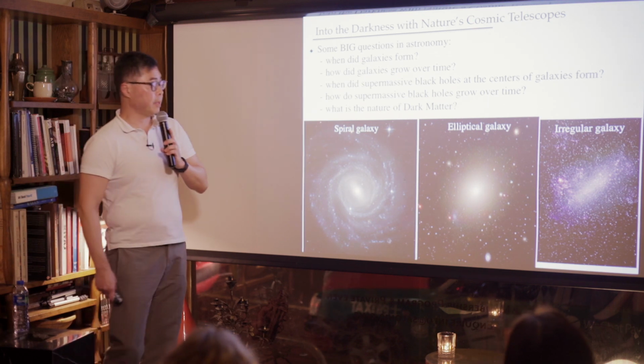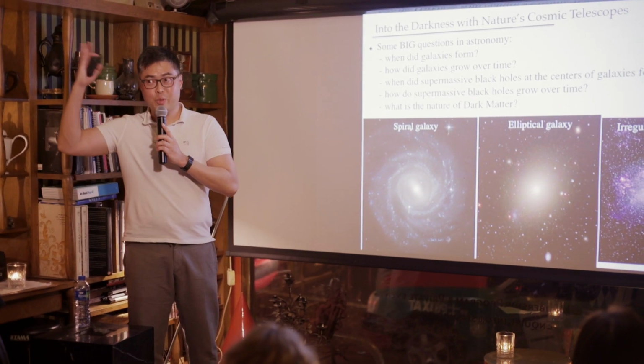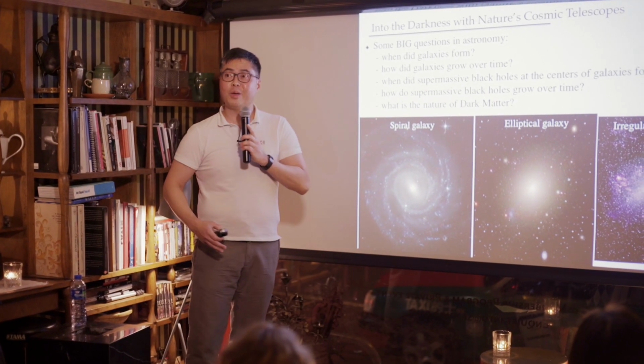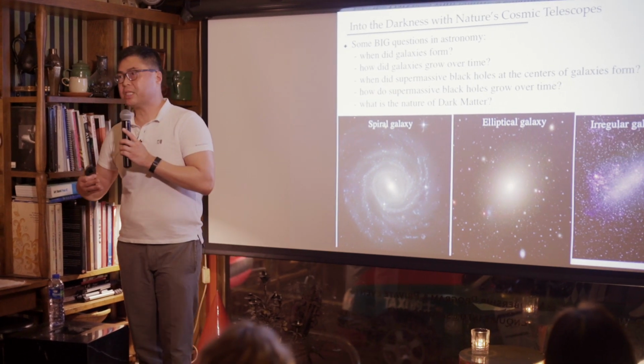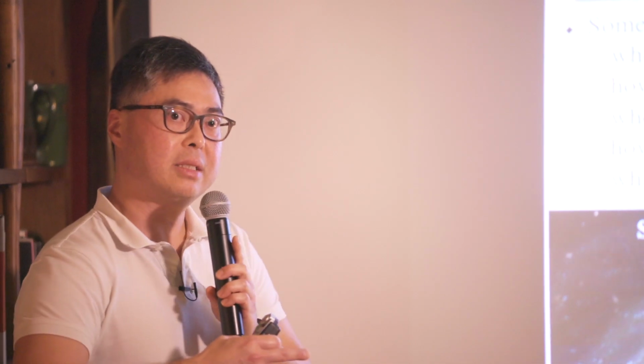I'm not going to be able to tell you today what dark matter is. If I could tell you, I'd be in Sweden collecting the Nobel Prize. But I'll tell you the ways astronomers are using to rule out certain classes of dark matter, or at least to test competing models for dark matter.